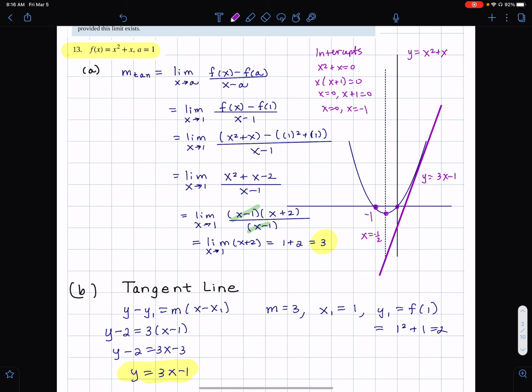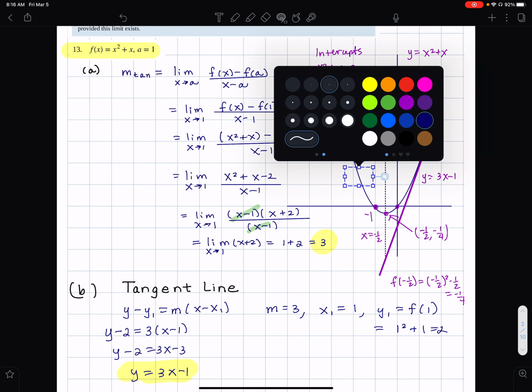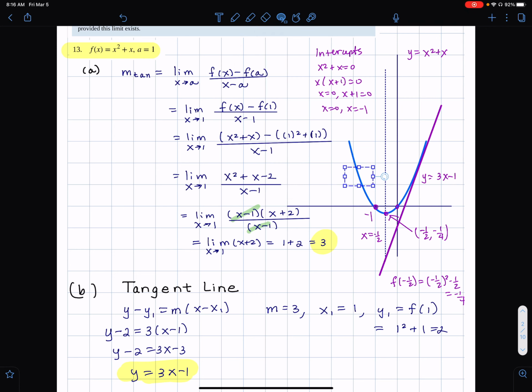And you can find that f of negative 1/2 is negative 1/2 squared minus 1/2, which is negative 1/4. So that gives this point, negative 1/2, negative 1/4. And anyway, you can sketch the graph by that. So it's totally unnecessary, but I've just done a bunch of pre-calc, and so I know how to sketch the graph, and I can put that in context of what this tangent line is.